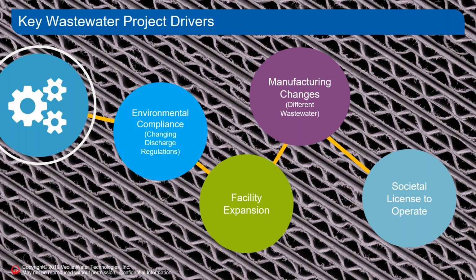What we see nowadays is that there are not so many greenfield projects, especially in the United States, but many of the mills, especially paper mills, are going through a transition and converting their production. This has an impact on the wastewater, either in terms of characteristics or in terms of load, and that calls for wastewater projects.